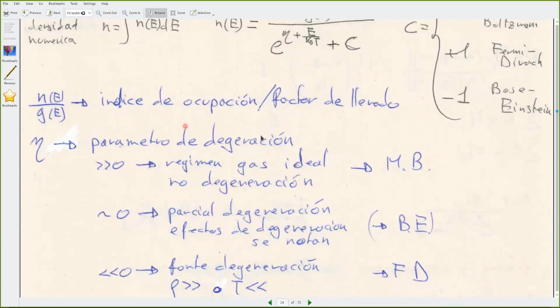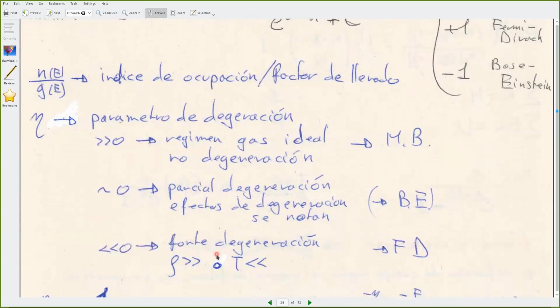The eta is what is called the parameter of degeneracy. Usually for Maxwell-Boltzmann, it's really high, and when this is really high, we have an ideal gas regime with no degeneracy. When this is more or less 0, we go toward the Bose-Einstein, and you start to see some effect.